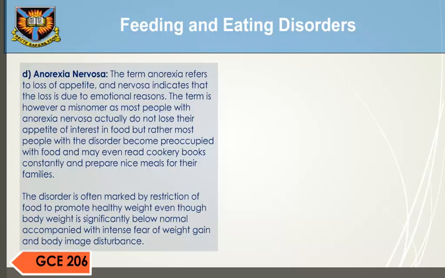The disorder is often marked by restriction of food to promote healthy weight, even though body weight is significantly below normal, accompanied with intense fear of weight gain and body image disturbance.